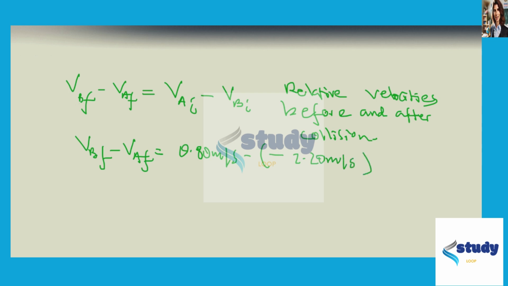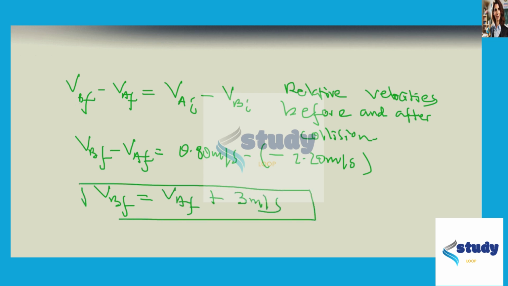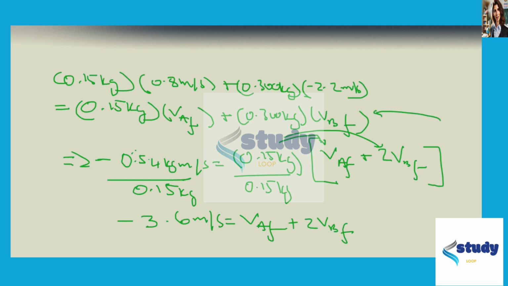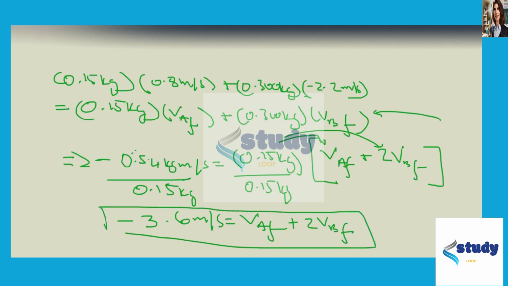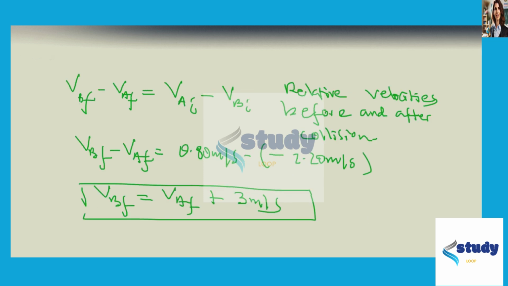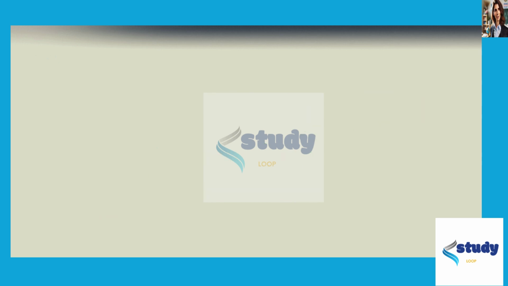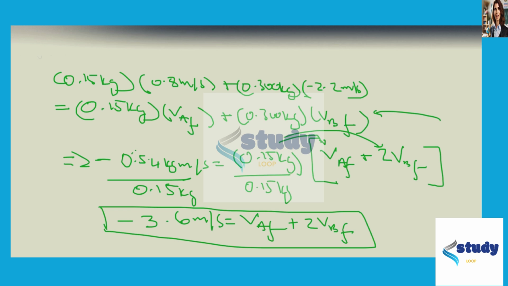And this gives us the final velocity of B equal to the final velocity of A plus 3 meters per second. So we have that equation, and we're going to combine it with this other equation simultaneously.